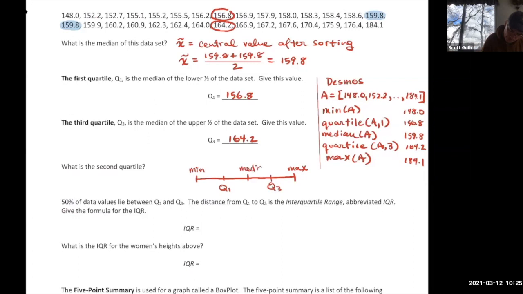There's a question here. It says, what's the second quartile? And we want to take a guess at that. It's a divider, and it divides the bottom 50 from the upper 50.